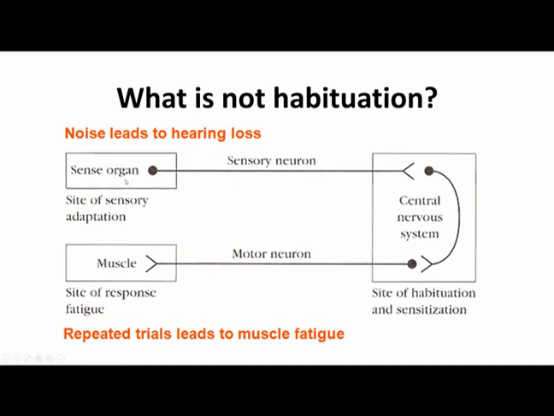So in our reflex arc, or even our enacting of intentional motion, but reflex is easiest here, we see that pathway from a sensory organ through our sensory neurons into the central nervous system, through the motor neurons and into the muscles in that direction. And each of those areas can be tied to a different thing that might be misidentified as habituation. But this I find helps me pick apart where each of these is occurring.